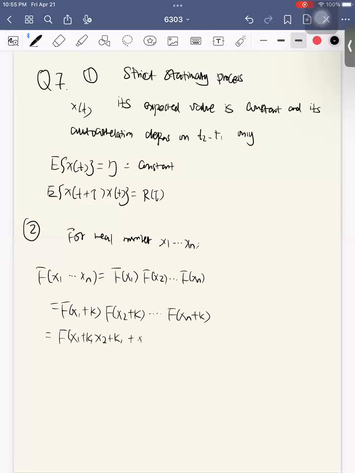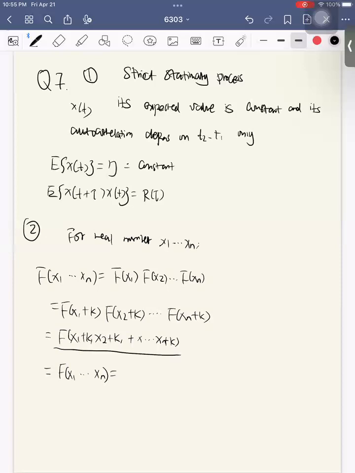After organizing it, we get this whole thing equal to f(x1 to xn).